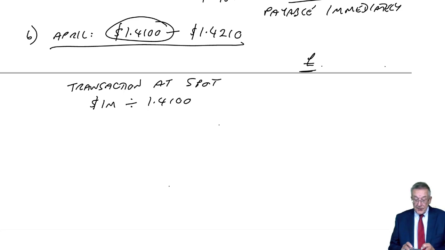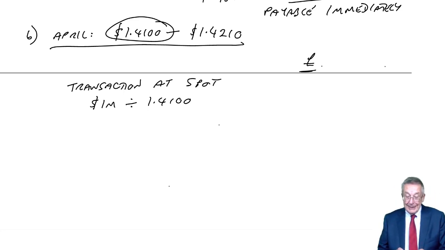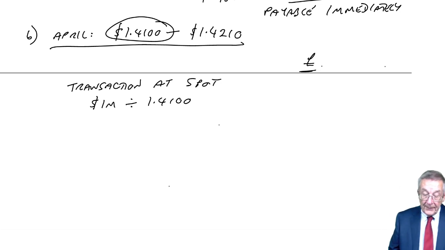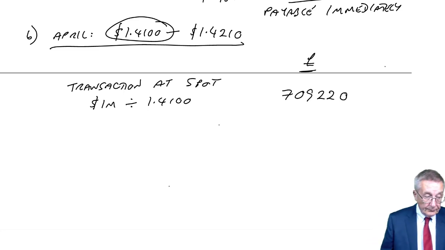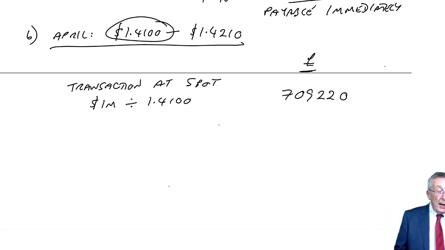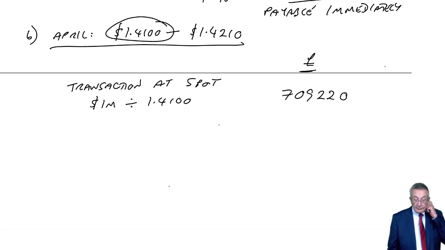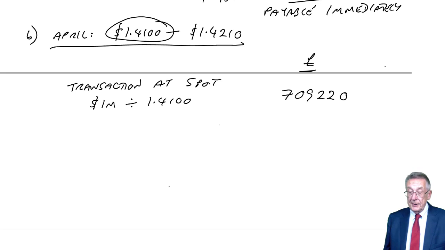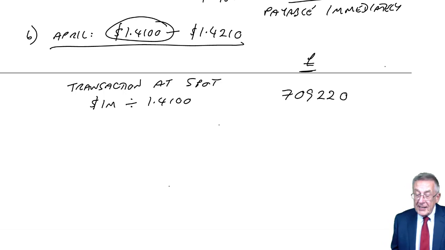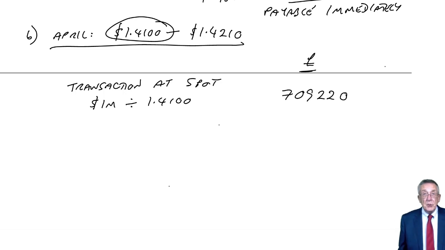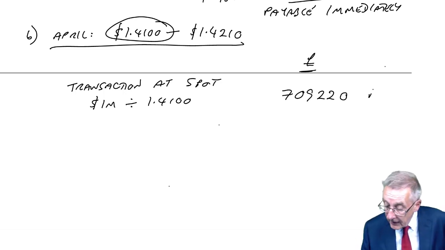And so in pounds, I get 709,220. So we've converted at spot. We then say to ourselves, is it worth exercising the option or not? If the strike price is worse, we'd throw away the option and that would be the end of it. We'd pay 709,220. It's a payment, remember, you're buying dollars.